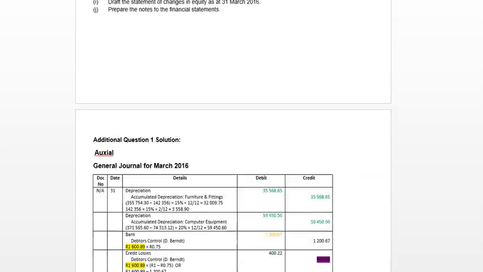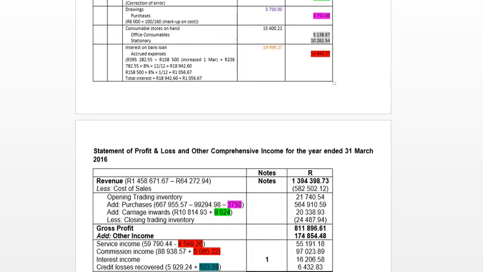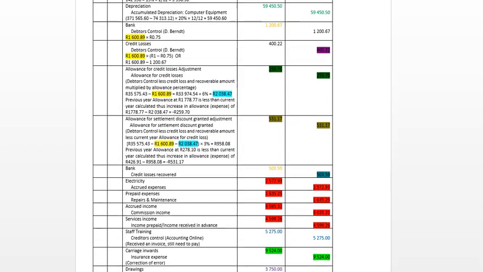9,644 Rand and 89 cents. But remember, we've got Mr. Dburnt, and Mr. Dburnt we wrote off 400 Rand and 22 cents. So our credit losses increased by 400 Rand and 22 cents to get to 10,045 Rand and 11 cents.